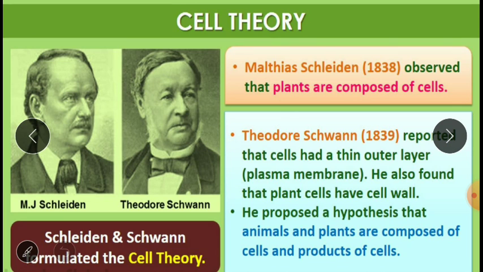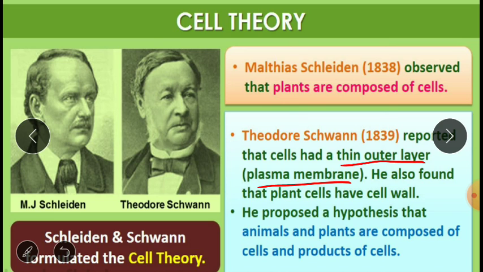Then came Matthias Schleiden. Matthias Schleiden observed that plants are also composed of cells, and he discovered this in the year 1838. Later, Theodor Schwann in 1839 reported that cells had a thin outer layer, now called the plasma membrane.